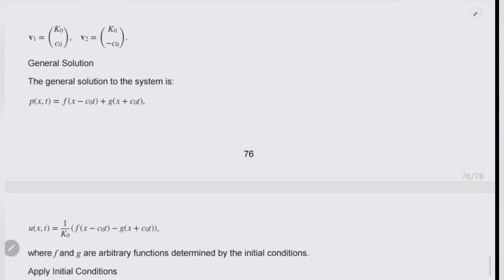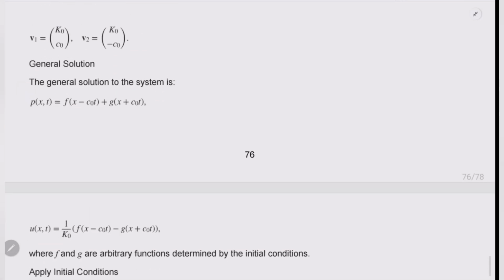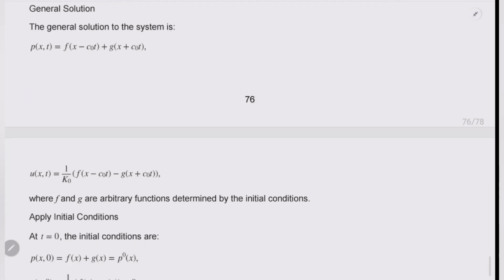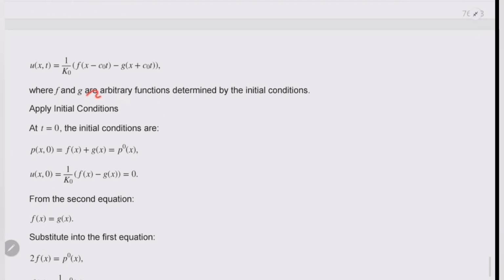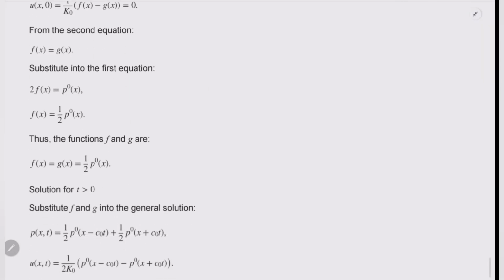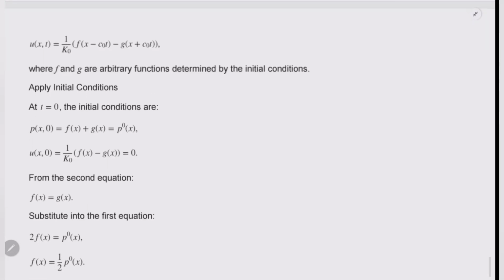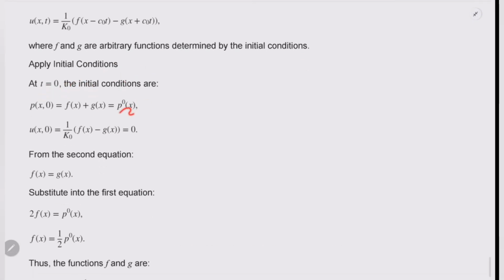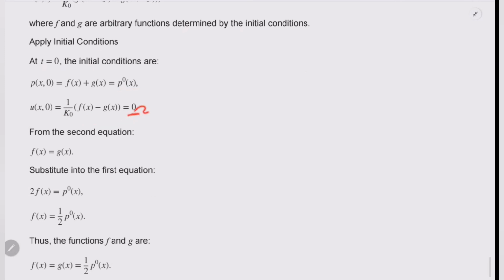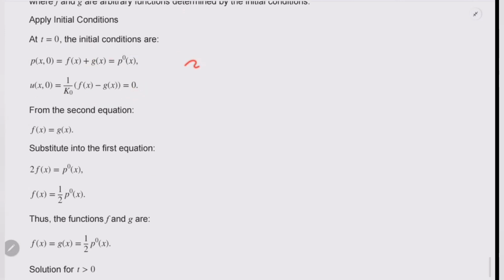Then we need to find f and g from here. This is one of the ways to find the solution. At t equal to 0, we have p naught, and for u at t equal to 0, we have 0. We need to find the unknown functions f of x and g of x.